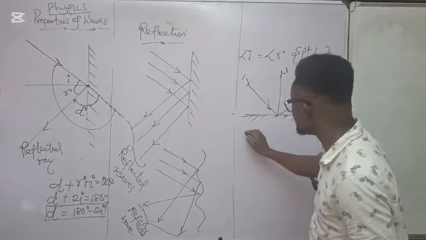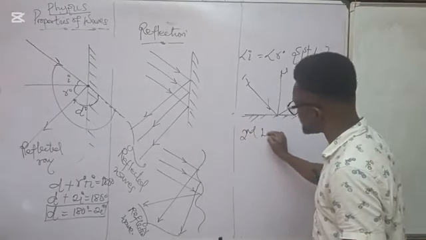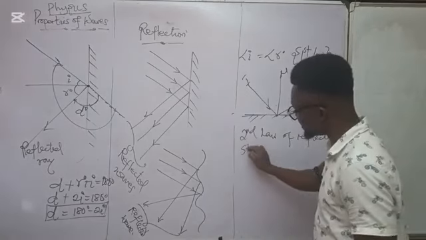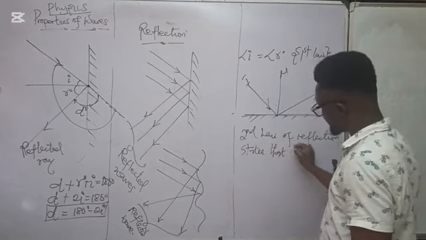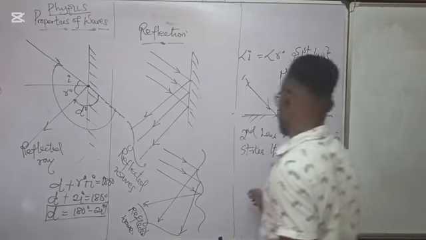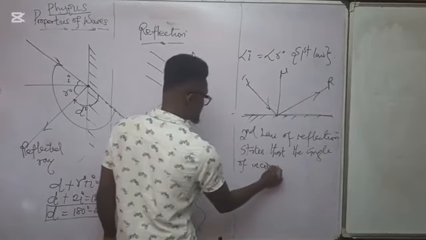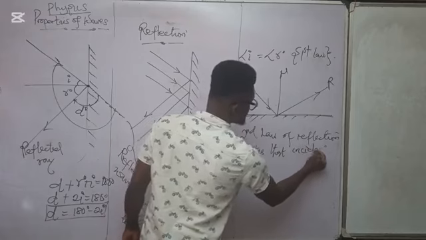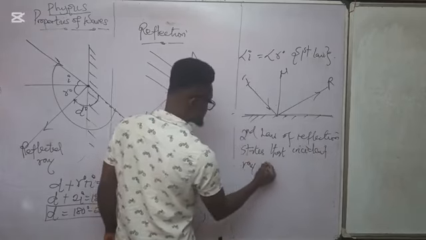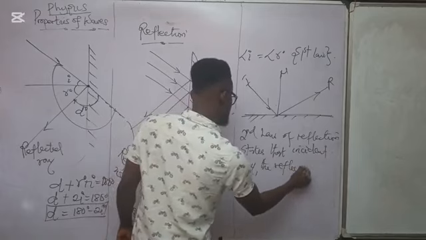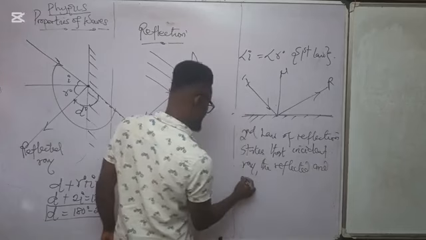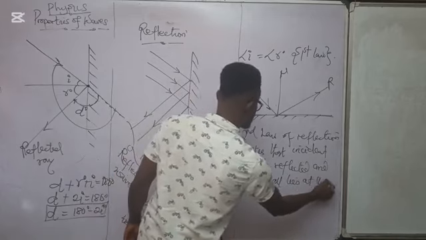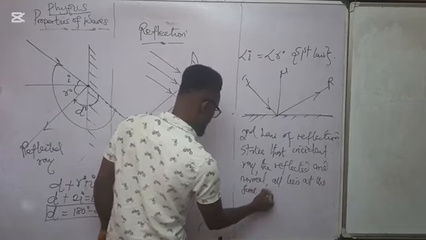So I put it down. The second law of reflection states that the incident ray, the reflected ray, and the normal all lie in the same plane.